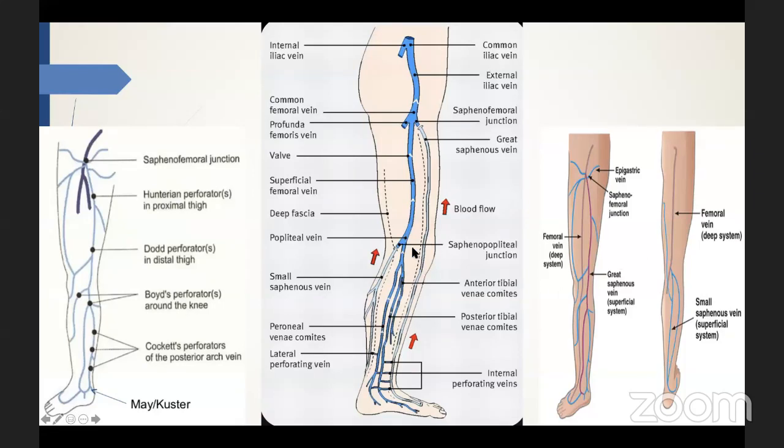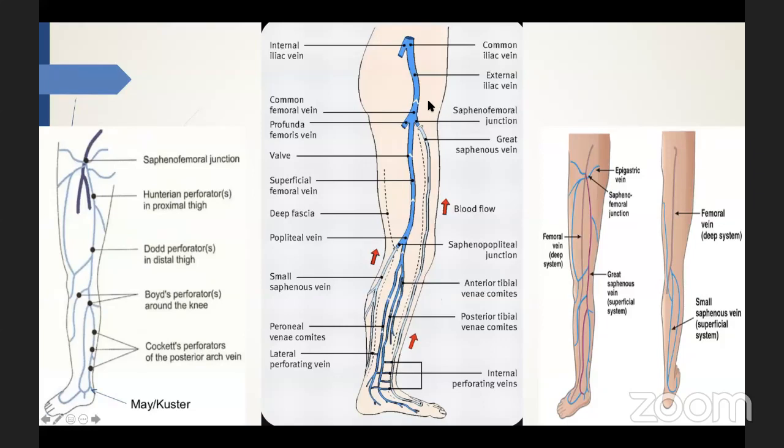In between them, connecting the superficial system to the deep system, we've got several and various perforators. And like I said, the normal direction is from the superficial system to the deep system, not vice versa.